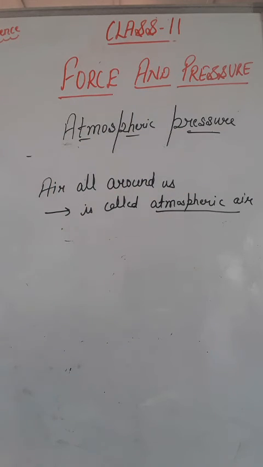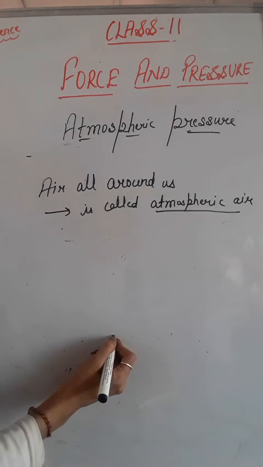We know that pressure is force per unit area. If we imagine a unit area and a very large cylinder standing on it, filled with air, then the weight of the air in this cylinder is the atmospheric pressure.